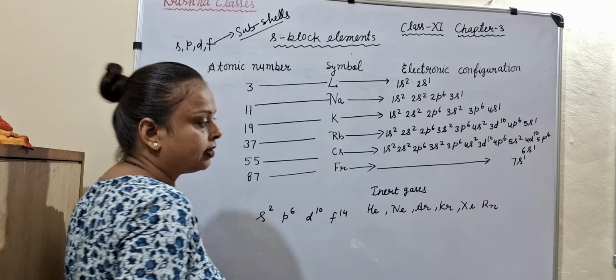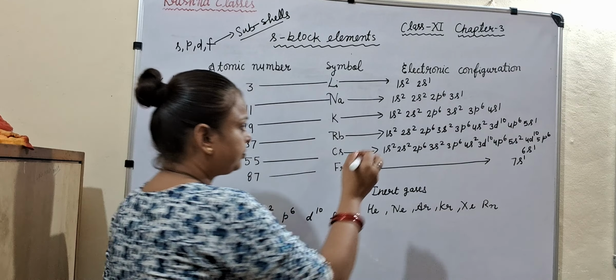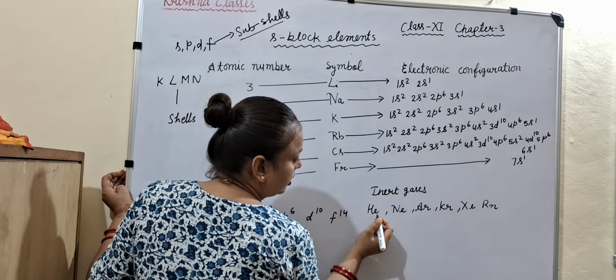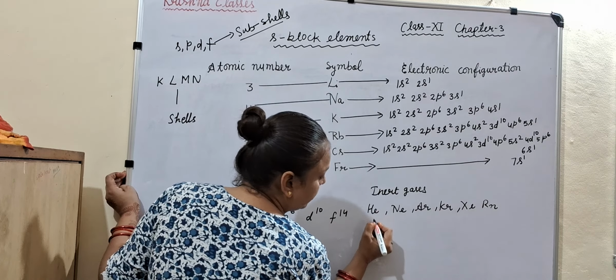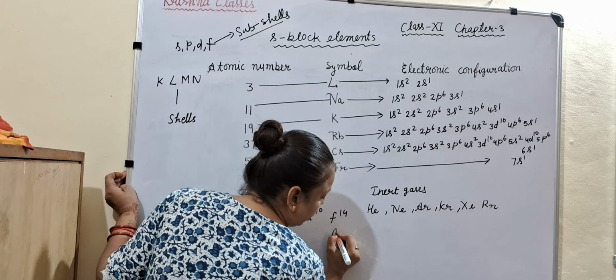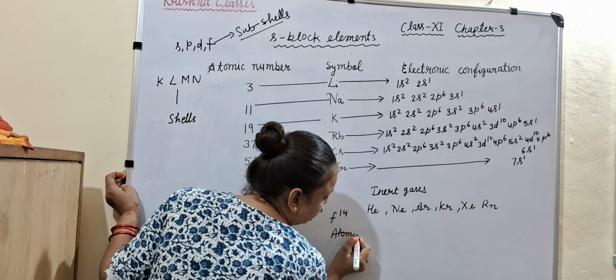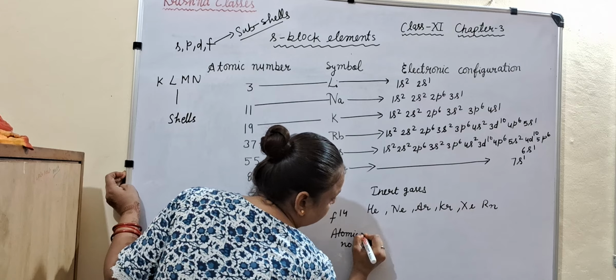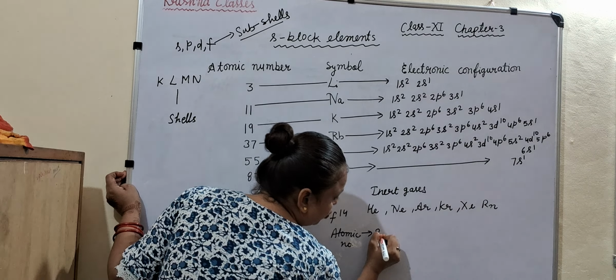These are the inert gases. Helium has atomic number 2.